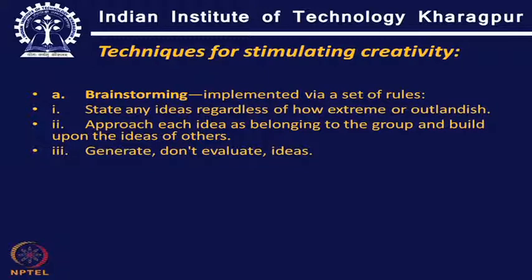And the techniques that we will be discussing are, like brainstorming, one of the major important parts of organizational decision making. Brainstorming is implemented by a set of rules. Here we are allowed to state any ideas that come to our mind, even if they are very extreme in nature.